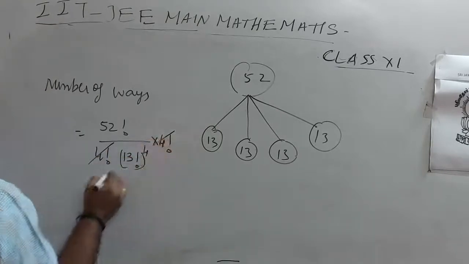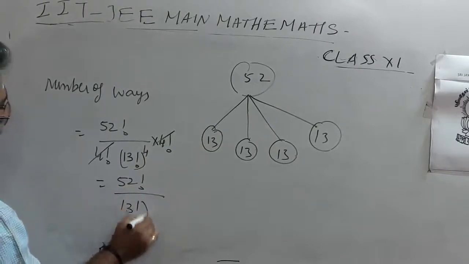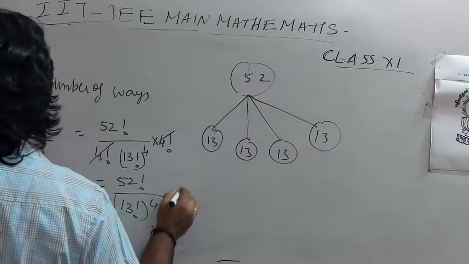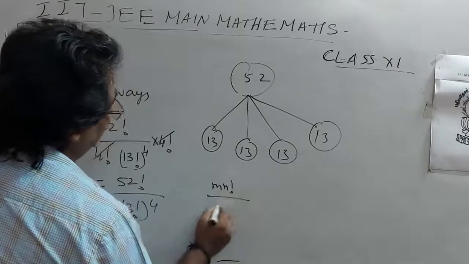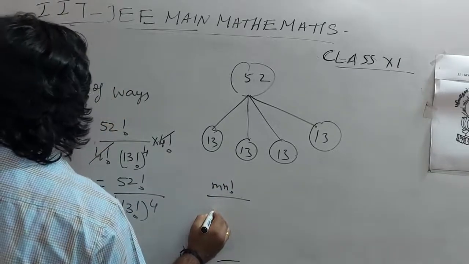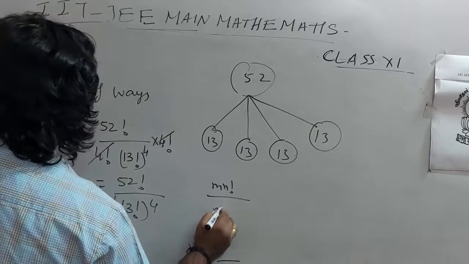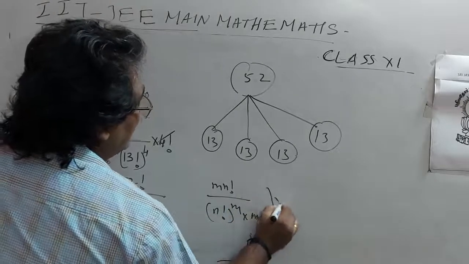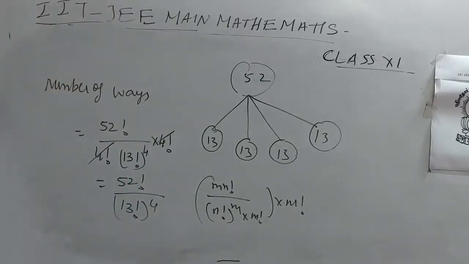So this will be cancelled. 52 factorial by (13 factorial) power 4. That is, mn factorial by (n factorial) whole power m into m factorial into m factorial, the formula can be applied.